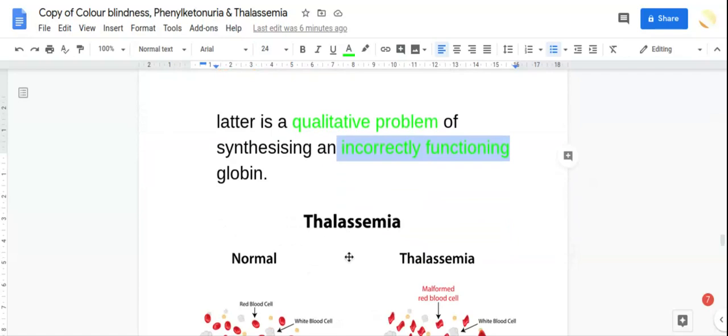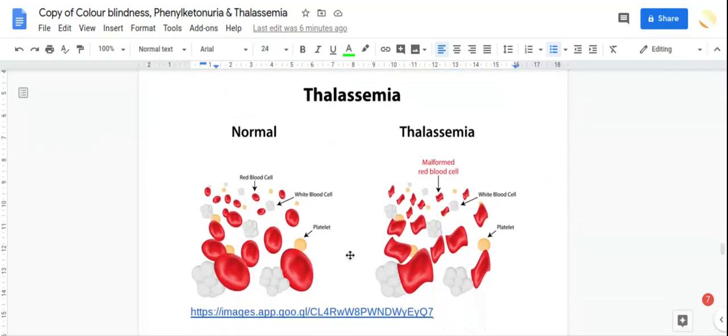So, this is all in thalassemia. Now, you can just see a picture here where you can compare the normal blood components like the RBCs you can see here, and these the malformed red blood cells in thalassemia. You can see how they are malformed. So definitely the oxygen carrying capacity of these blood cells will get affected.